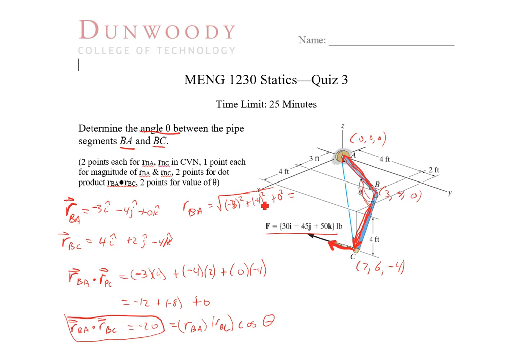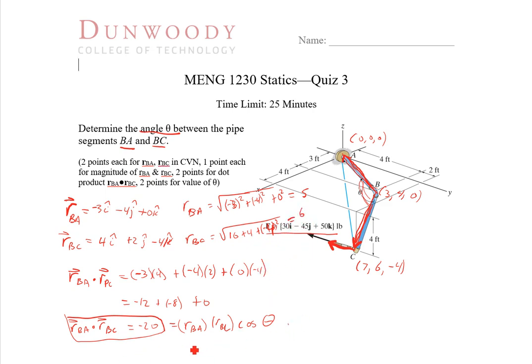So it's 9 plus 16, 25, square root is 5. RBC magnitude is going to be the square root of 16 plus 4 plus negative 4 squared, 16. So you get 16 plus 16 is 32, plus 4 more is 36. So that's going to give us 6.